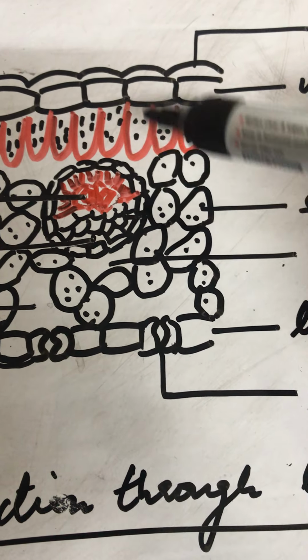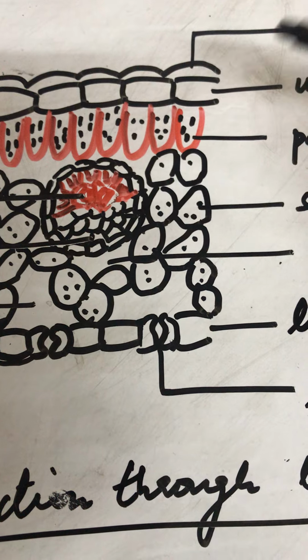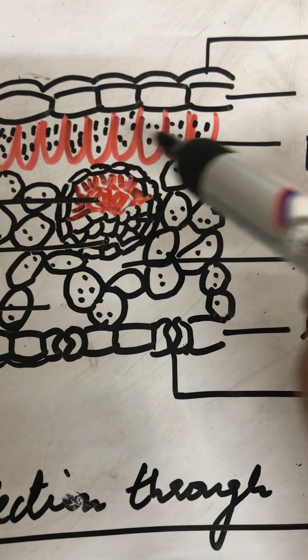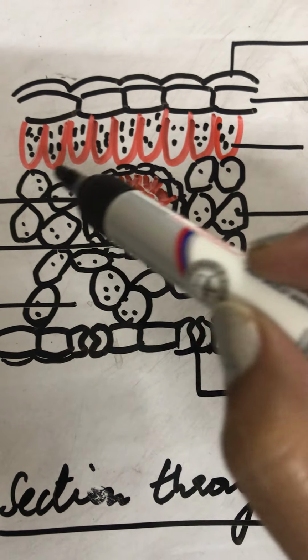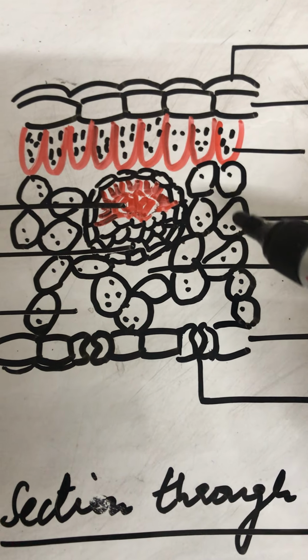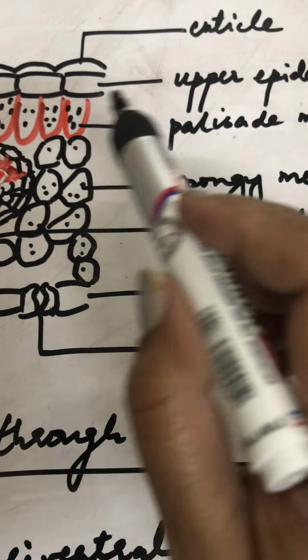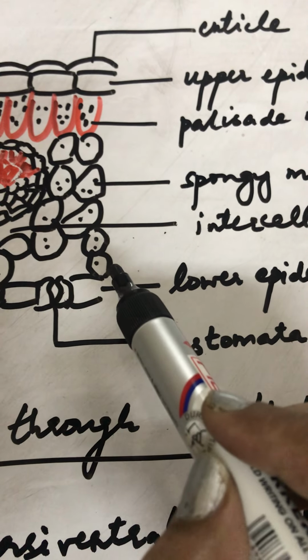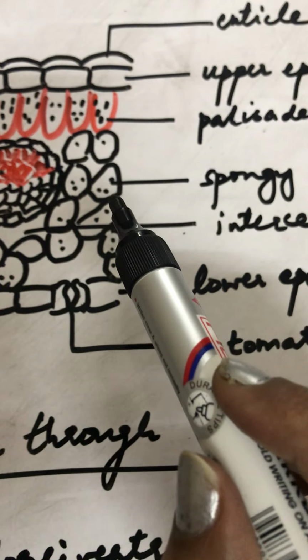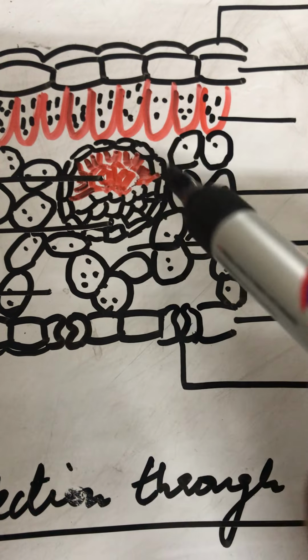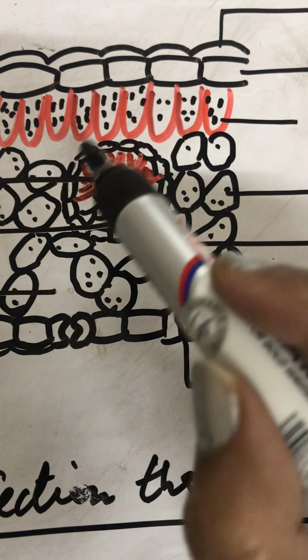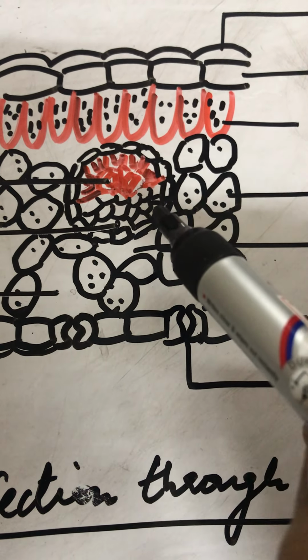The upper cells which don't have any intercellular spaces here are called palisade mesophyll, whereas these which have intercellular spaces between them are called spongy mesophyll, and together they constitute the mesophyll. They are basically parenchyma cells. What you see here is the midrib or the vein here or the vascular bundle.